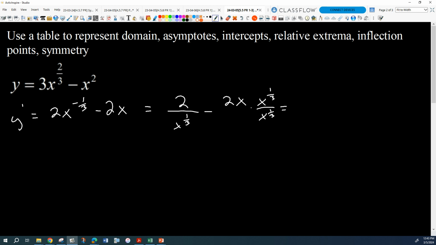And then we get 2 minus 2x to what power on the top? 4/3, over x to the 1/3, if we want to write it as one big fraction. Critical numbers: where is our derivative undefined? At 0. Everybody agree? Because that gives us a 0 in the denominator.